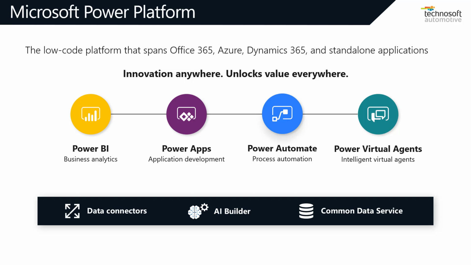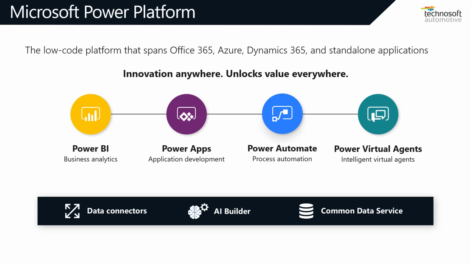It includes 4 compelling, very strong individual products. Start with Power BI for analyzing your critical business data. Power Apps to create web and mobile applications with low-code tools. Power Automate for robotic process automation and digital process automation. And Power Virtual Agents is the newest addition to the Power Platform to create chatbots that are AI-empowered and AI-driven.